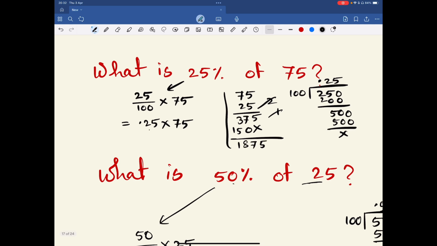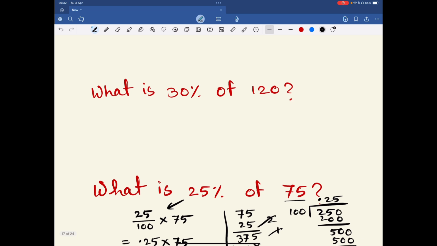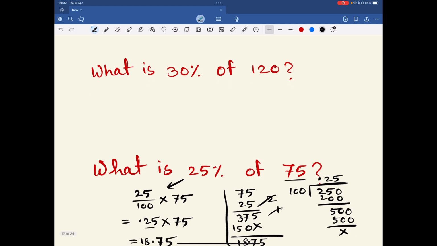Now, how many place values are there? There are two place values after the decimal, so you have to count two place values from right to left. Now, put the place values there, so it is 18.75. So what is the value of 25% of 75? It is 18.75.